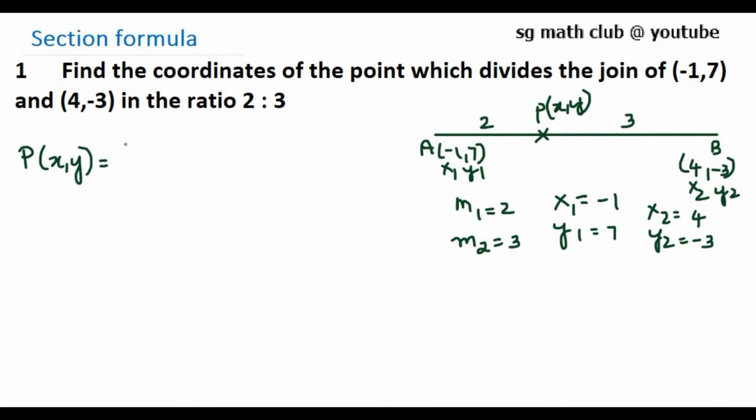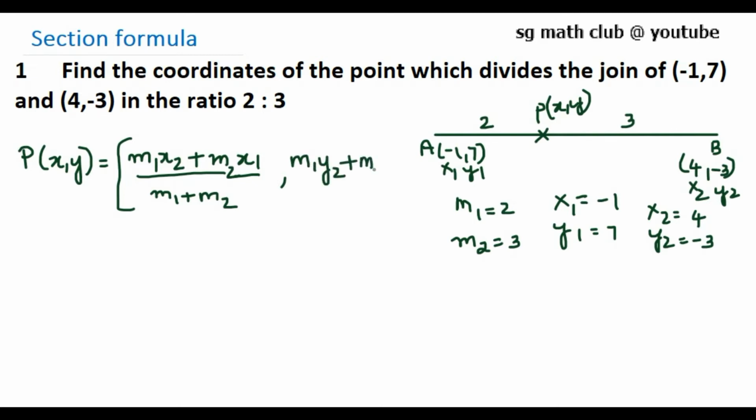P(x, y) is equal to (m1 x2 plus m2 x1) divided by (m1 plus m2), and (m1 y2 plus m2 y1) divided by (m1 plus m2).